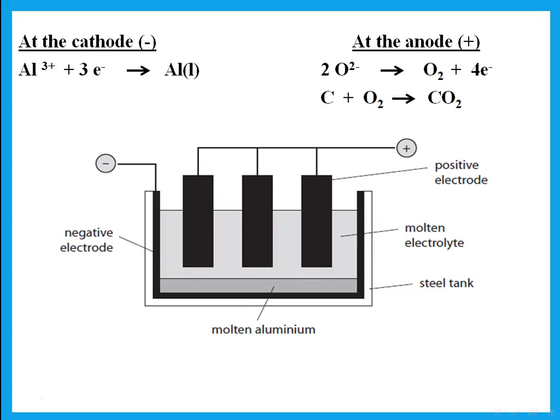The carbon electrode will basically burn in this oxygen that is being released, and it forms carbon dioxide gas, and that means that the positive electrode is being used up and will need to be replaced from time to time. So if we're asked why the positive electrode needs to be replaced from time to time, it is because the carbon electrode burns in the oxygen formed to give carbon dioxide gas.